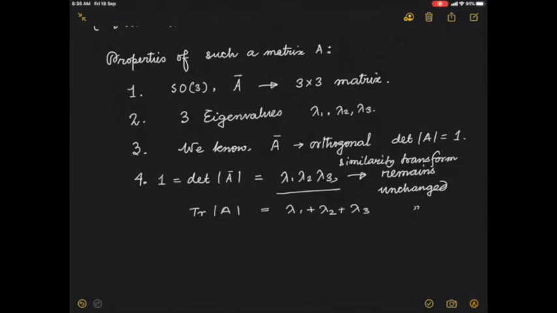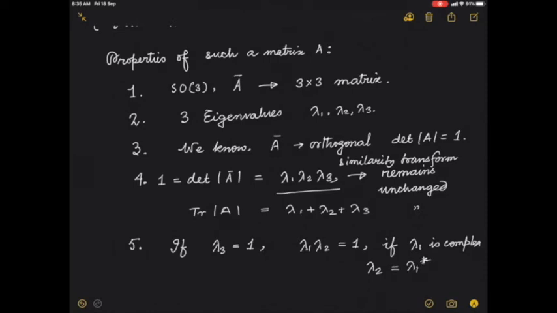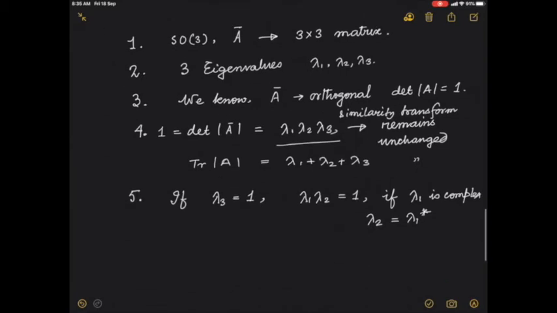Now, because it's an orthogonal matrix, we already know that the determinant of this is equal to 1. Which means if lambda 3 equals 1, which is what we are going to prove, then lambda 1 times lambda 2 must also be 1, which means if lambda 1 is complex, lambda 2 must be equal to the complex conjugate of lambda 1.